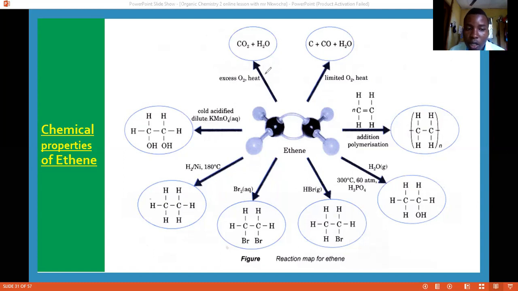Combustion here shows that it is combining with oxygen. You can see the reactant heat, excess oxygen. You can see the product carbon dioxide and water. When you combine it with excess oxygen, you see the product carbon dioxide and water.